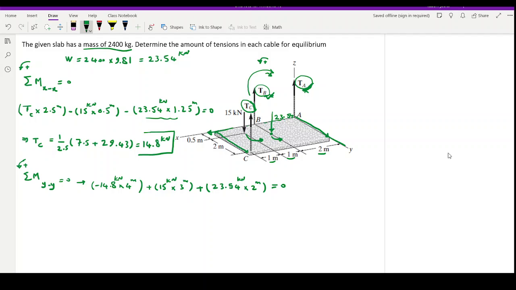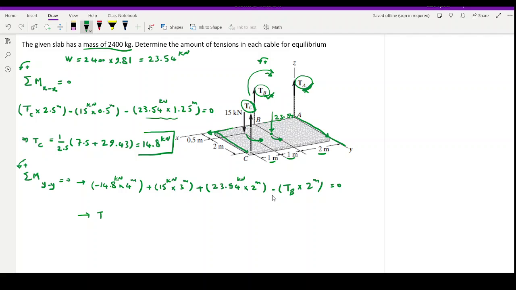And from here, oh, I forgot to write TB. So you should write TB also. TB is going to act in the opposite direction again. So minus TB times 2 meter is 0.